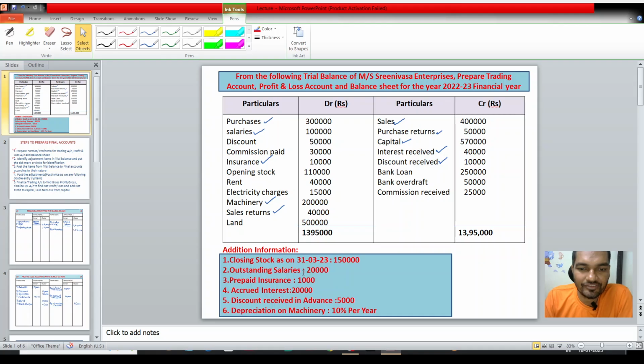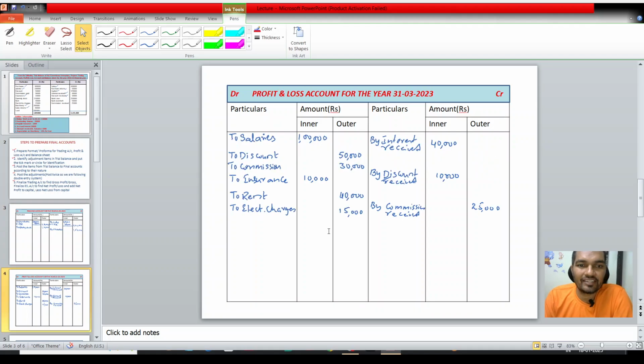Outstanding salaries 20,000 rupees. So where the salary is given is profit and loss account, debit side. See, first we need to add outstanding salaries 20,000 rupees. So it becomes 1,20,000 rupees.